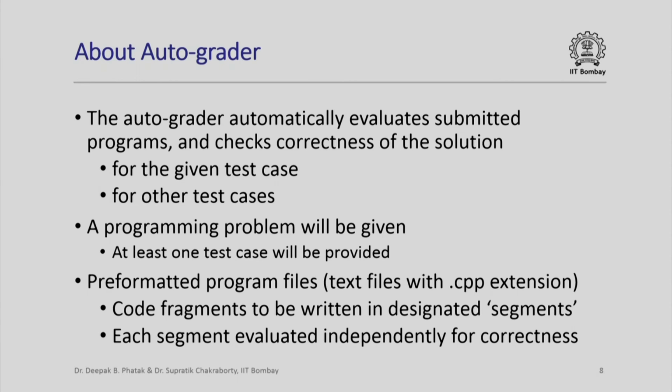You will see an example later. Each segment is evaluated independently for correctness by our autograder. So, for example, if there are 4 segments and you make a mistake in the very first segment, ordinarily the entire program will not work correctly at all. However, if the other 3 segments have been written correctly, then our autograder will be able to give you marks for the correct segments that you have written.